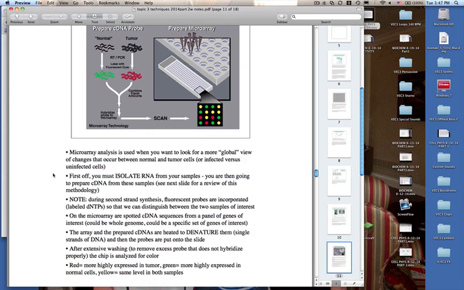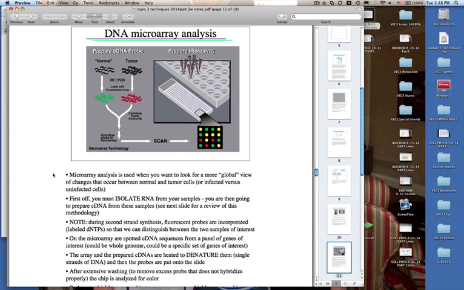Because cDNA, as we know, is much, much more stable, right? RNAs are super labile because they're single-stranded molecules. So we're going to extract our RNA out of our two samples. Here we've got a normal and a tumor sample. We're going to extract the RNA.